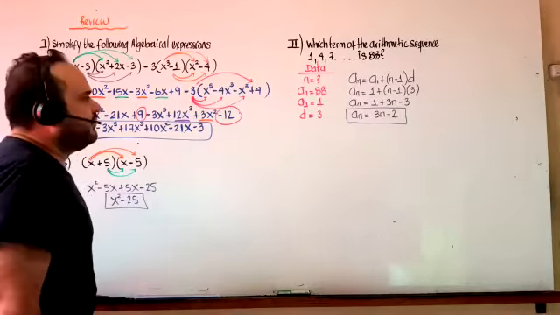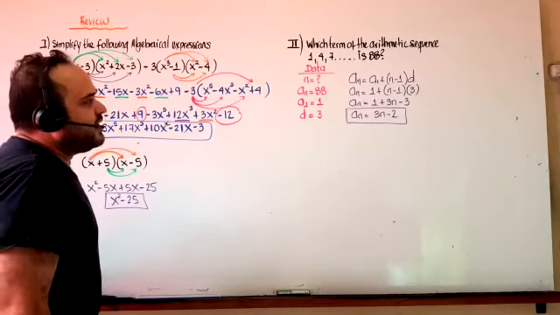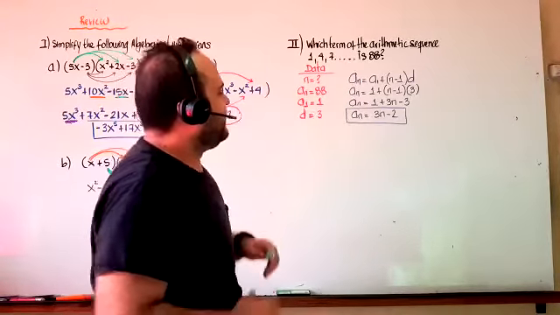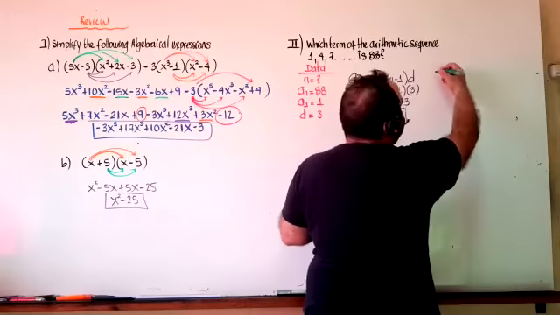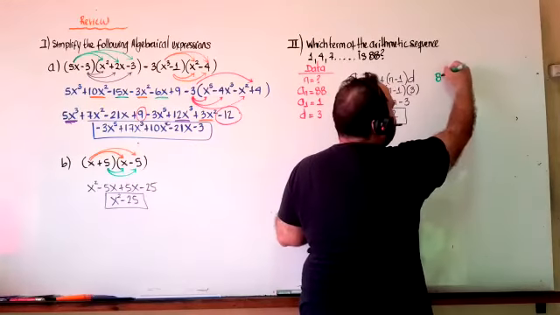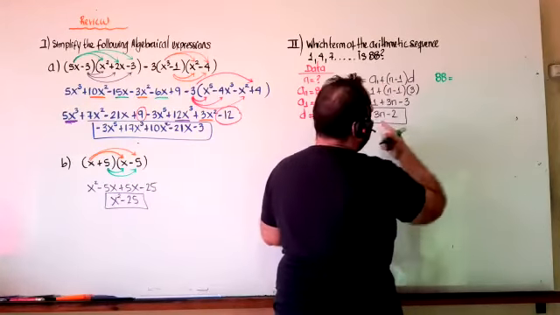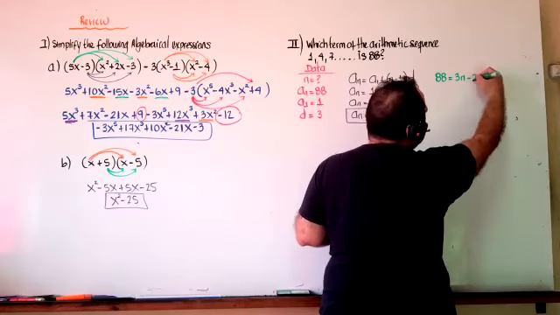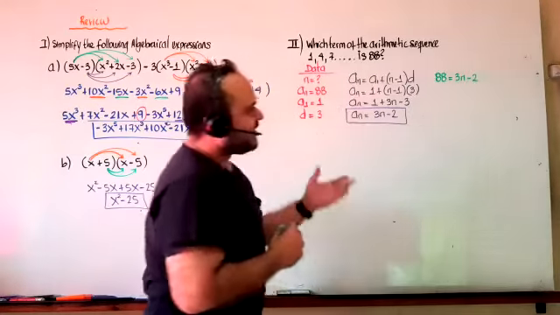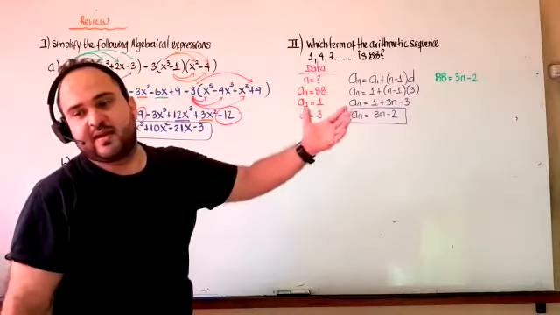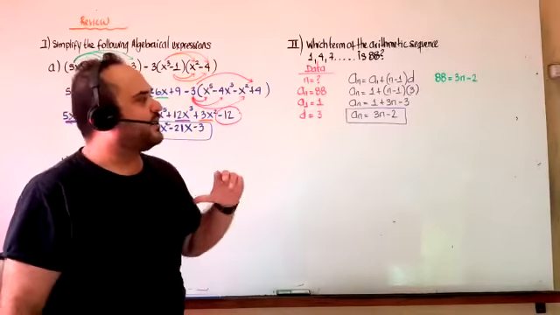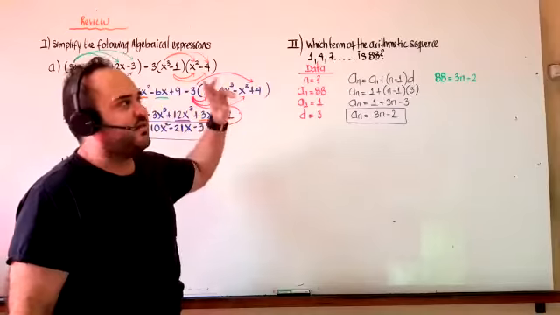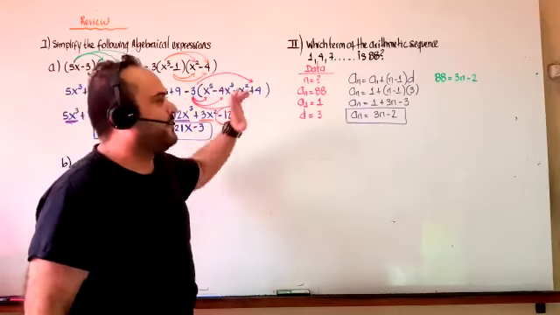Now let's solve the problem. We created the equation, and we are looking for the value of n. The value of an is 88, so we write 88 equals 3n minus 2. We have a simple equation to solve for n. The number 2, which is subtracting, passes to the other side adding.